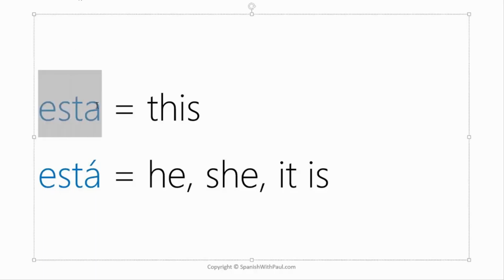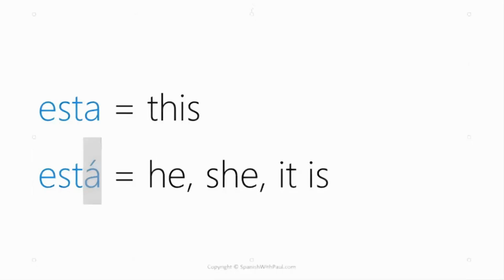Just this on its own is esta. Esta is this. But if we're using the verb, it would be está. You want to stress it to reflect that it has an accent. And that is the only way of differentiating between this and he is, she is, or it is. We have esta for this and está for he is, she is, and it is.